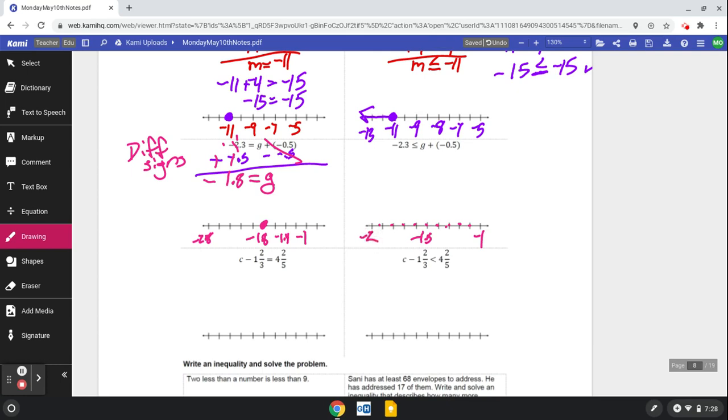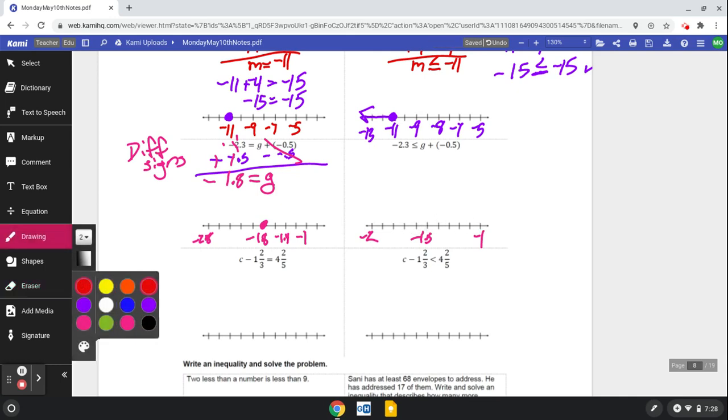All right, let me erase all those little dots. We're going to do the same concept. We're going to subtract a negative half on both sides. So minus a negative half, which really means I'm adding, but then at the same time we have different signs. So you're adding the opposite, you're adding a positive, which means we have different signs.